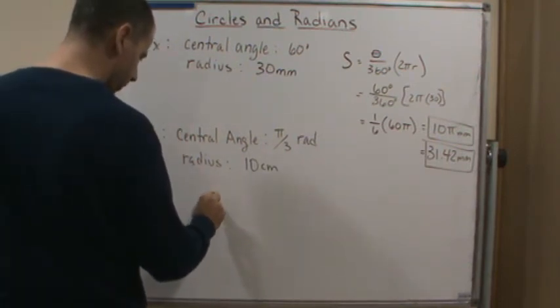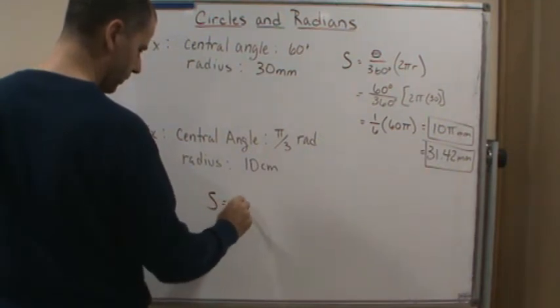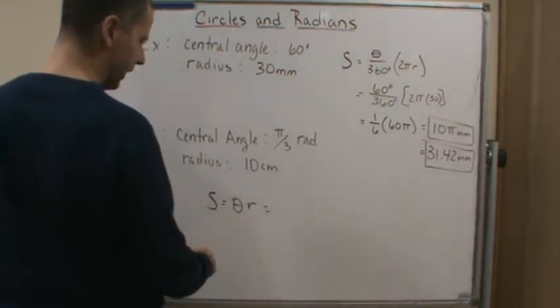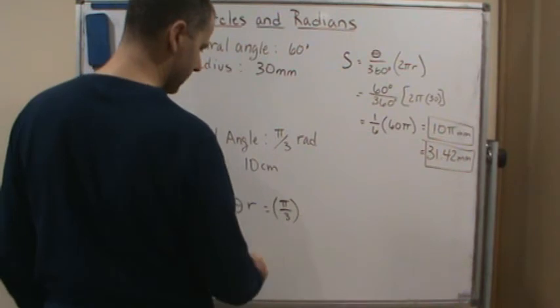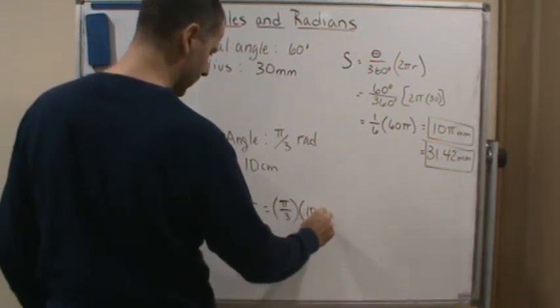So the formula that we're going to use is theta times r. And so theta, in this case, is pi over 3 radians times the radius, which is 10 centimeters.